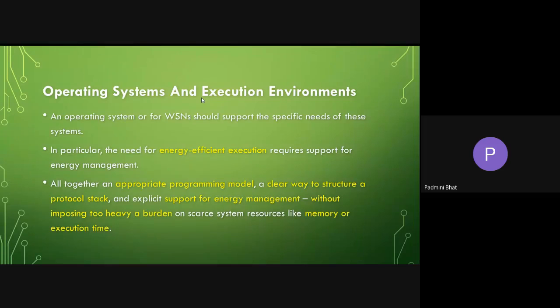Anybody wants to say anything? So all those things I can see. But with this power constraint, we need to see how I can optimize my operating system and the platform, so that I get a better result.